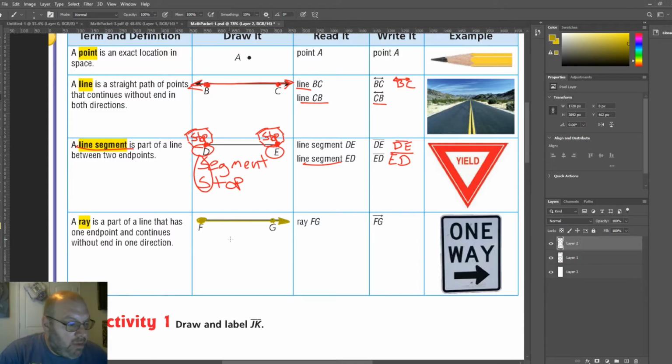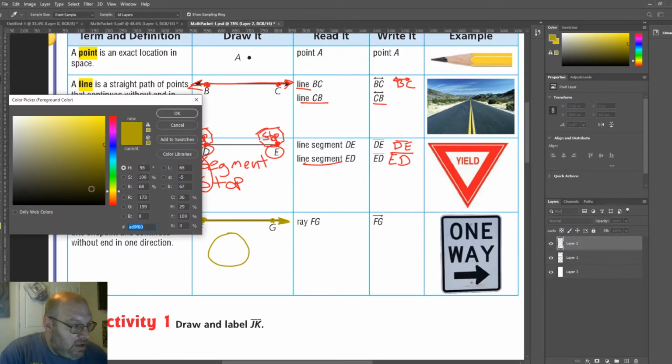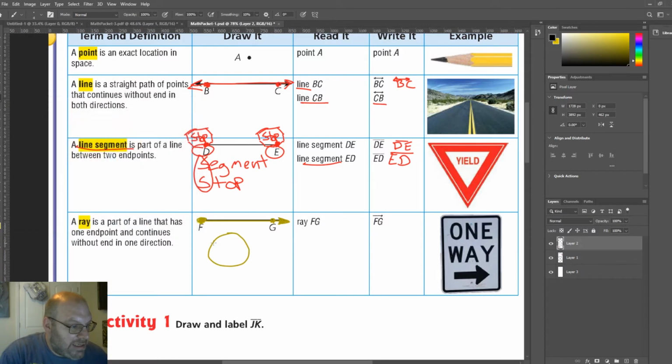The way you can remember that is, we'll give this guy some sunglasses. There we go. And this is the sun. The sun has rays, right? We'll give him a smiley face.